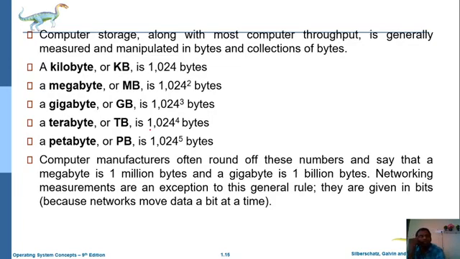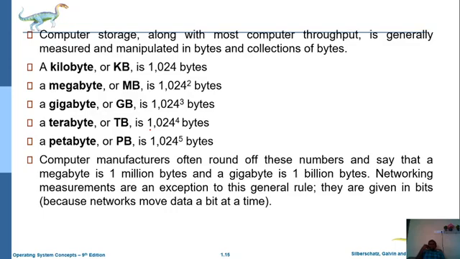In our computers we represent data in the form of bytes, which may be kilobyte, megabyte, gigabyte, terabyte or petabyte. But when transferring data through networks, the information is represented in bits only: megabits, kilobits, gigabits, terabits, petabits.